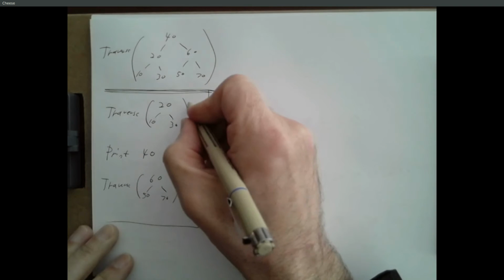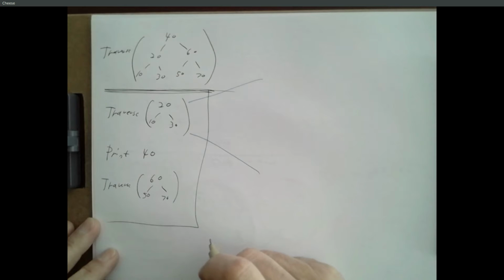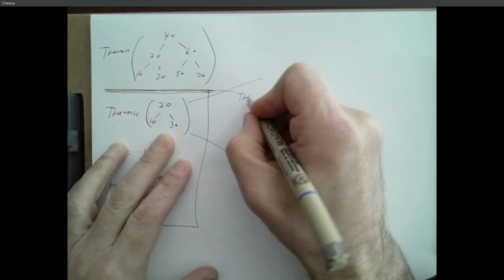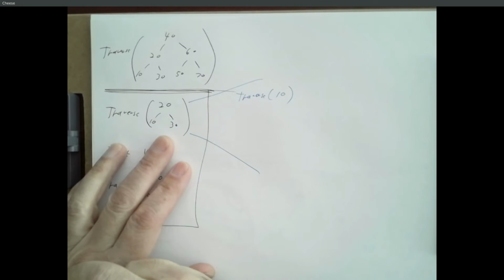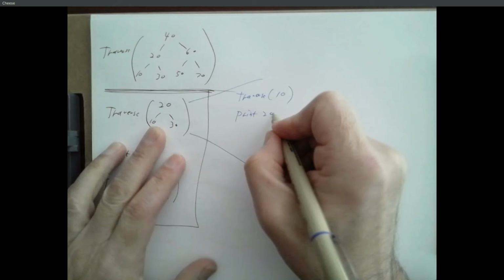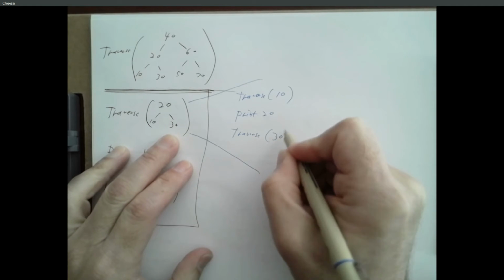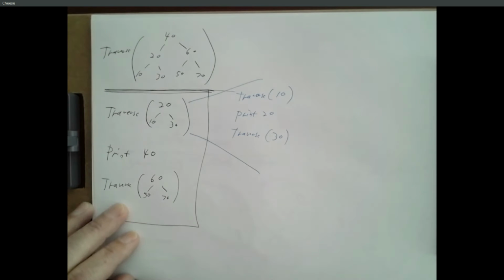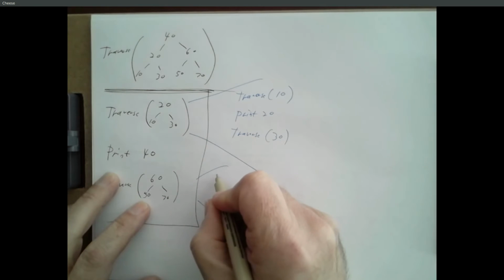So what's going to happen when you call traverse with this tree? First thing it's going to do is traverse a tree consisting of a single node 10, and then it's going to print the root, and then it's going to traverse a tree consisting of a single node 30. And same thing when you traverse 60, 50, 70.